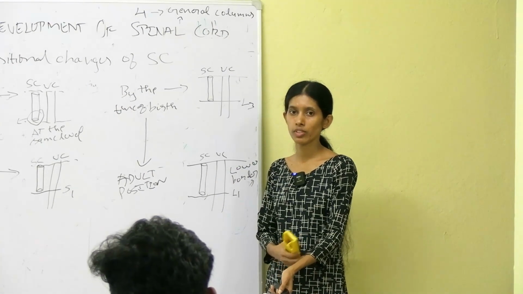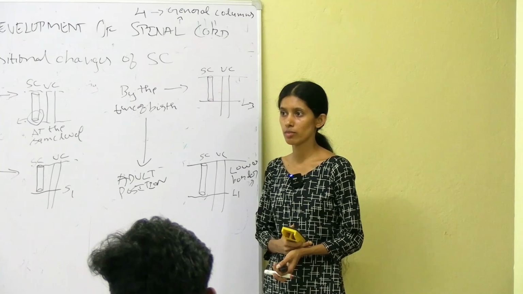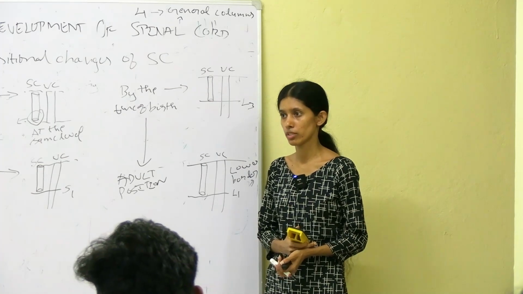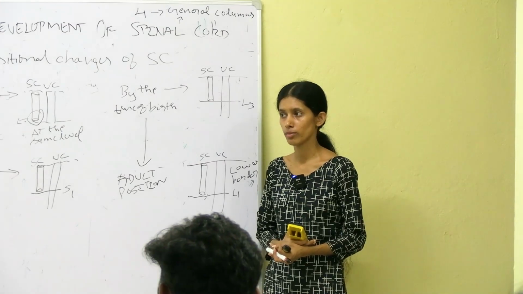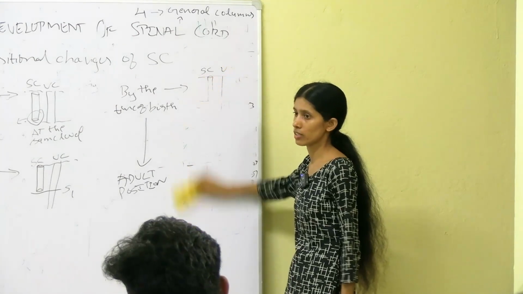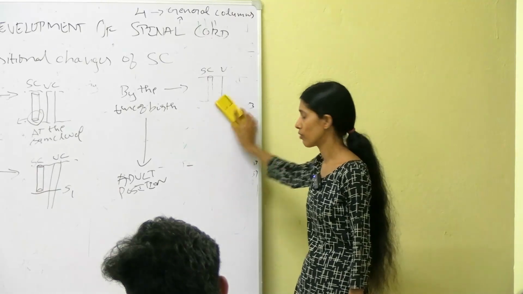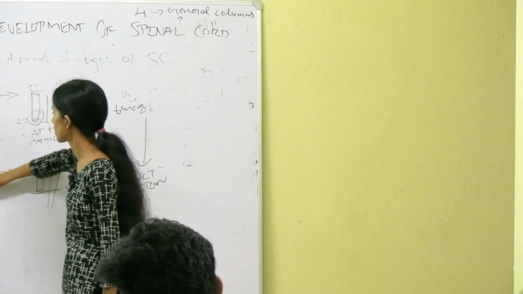Okay, everyone go and check the general anatomy part in the nervous system, what the functions of the columns are, and also the neuron cells and the neuroglial cells, okay? In the next class, I'll discuss it in detail. When I'm discussing the development of the brain, I'll discuss that once again.